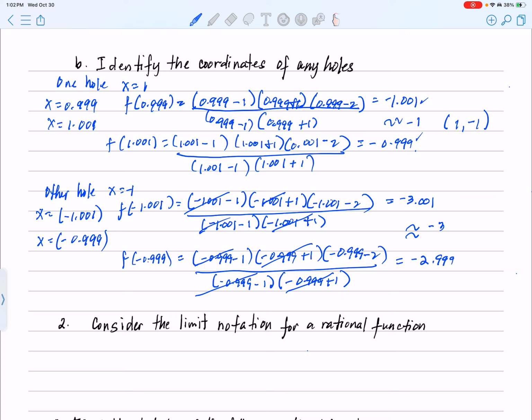So the coordinates, we can have a negative 1 and negative 3. This is the coordinates of the other hole. Okay, we found these coordinates.